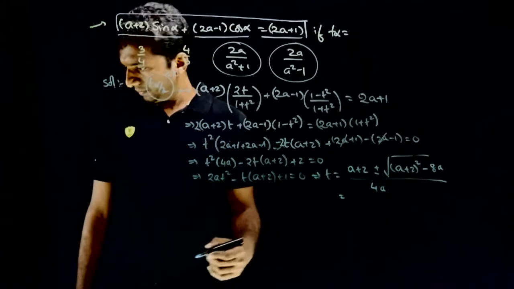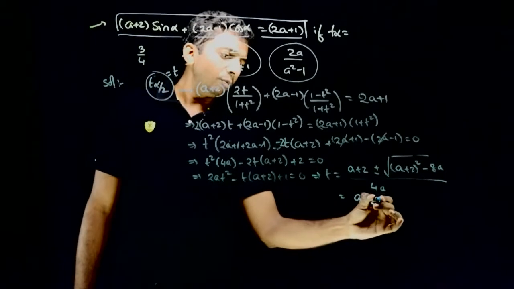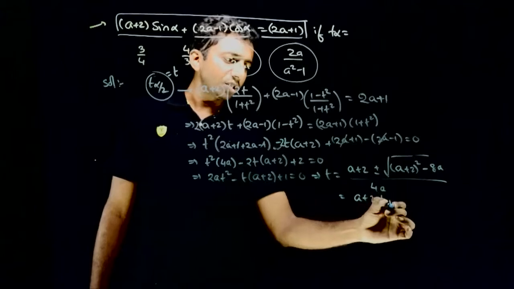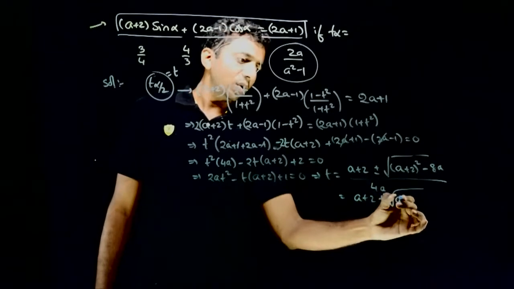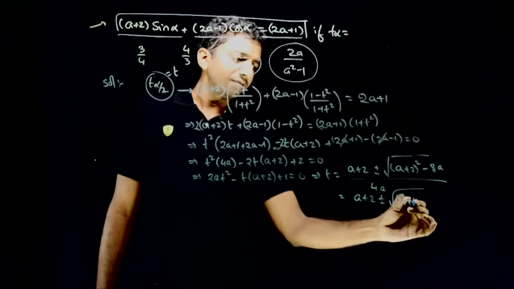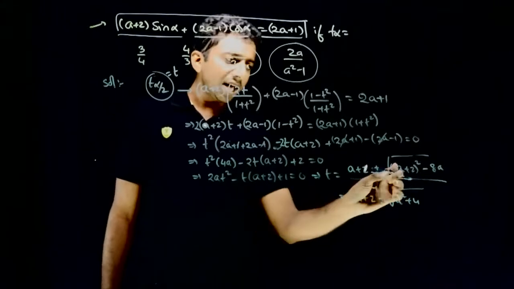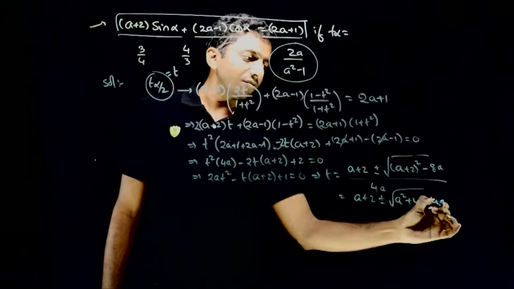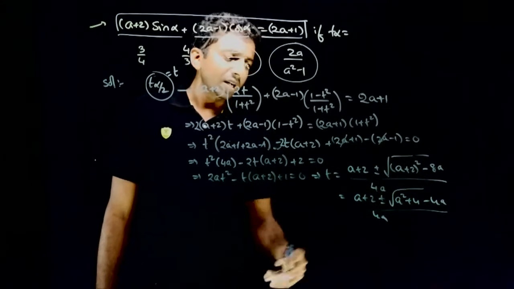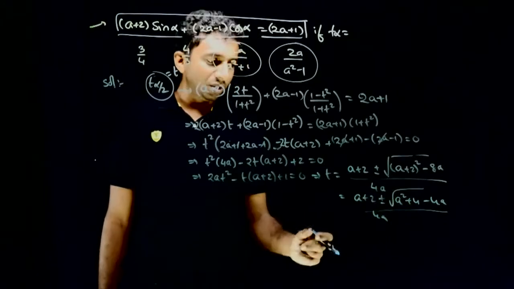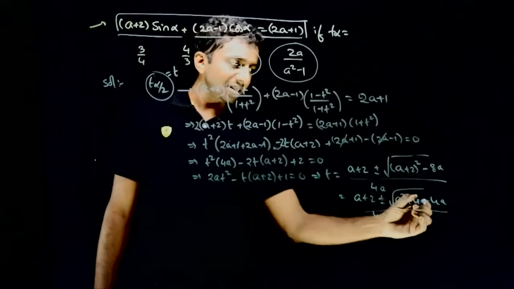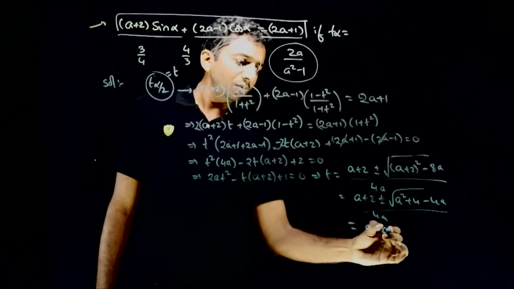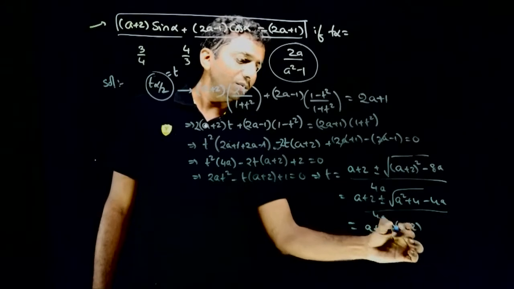That is equal to (a+2) ± √(a² + 4 + 4a − 8a), which is a² − 4a + 4, divided by 4a. This is nothing but (a−2)². Square root and square gets cancelled. That is equal to (a+2) ± (a−2) over 4a.